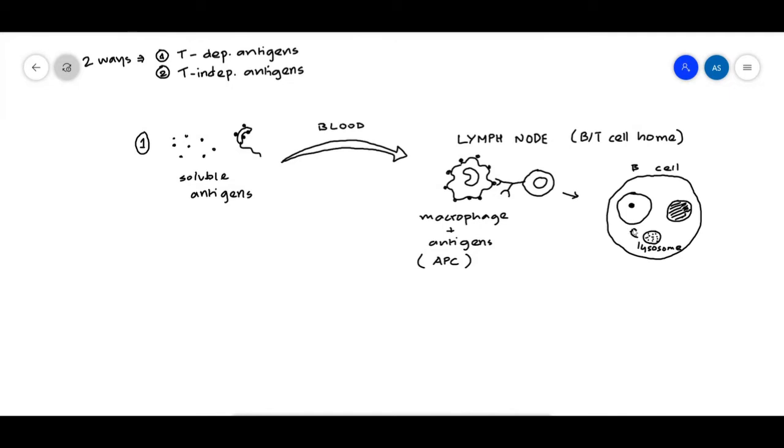This lysosome is going to come and fuse with this phagosome, and eventually these enzymes are going to affect this antigen in some way and process it eventually. And this antigen is going to be processed by the cell in order to eventually express it on an MHC2 molecule.